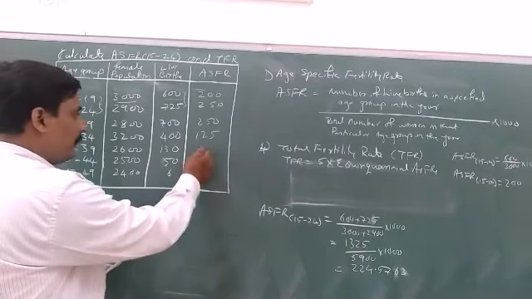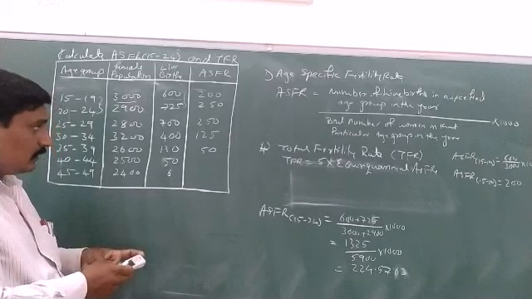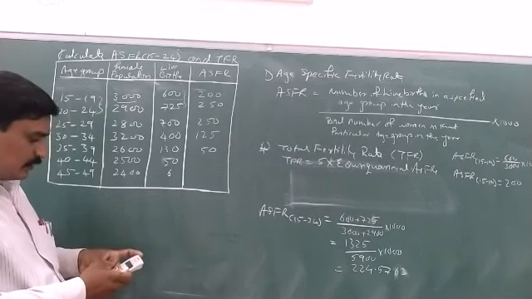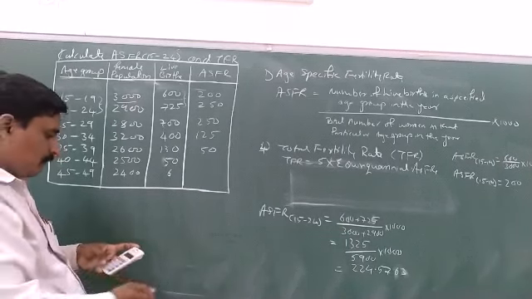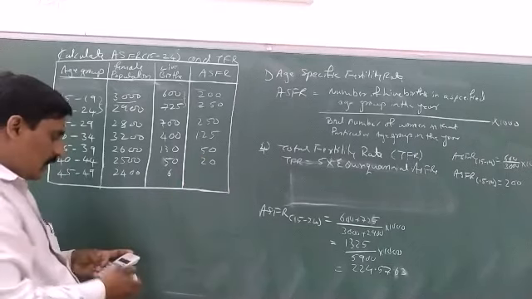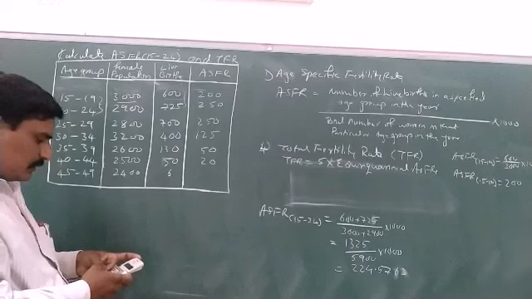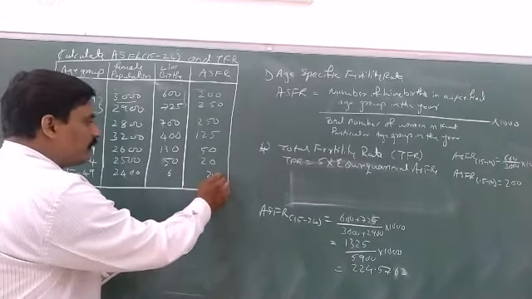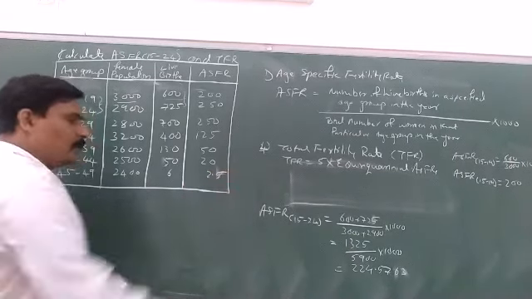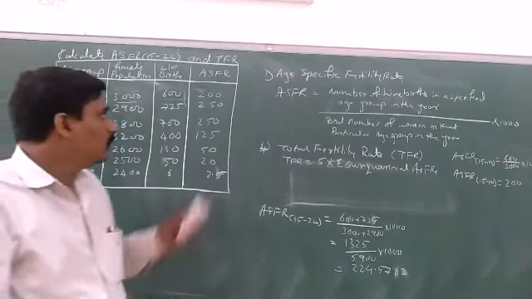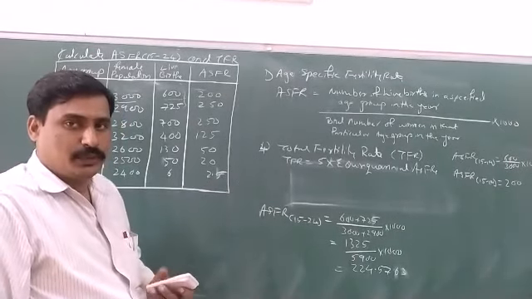That is 50. And next, 50 divided by 2500 into 1000, that is 20, and the last one, 6 divided by 2400 into 1000, is equal to 2.5. 2.5 is the ASFR for the last age group.